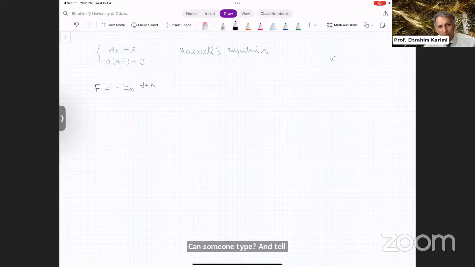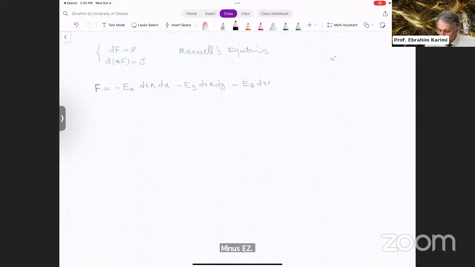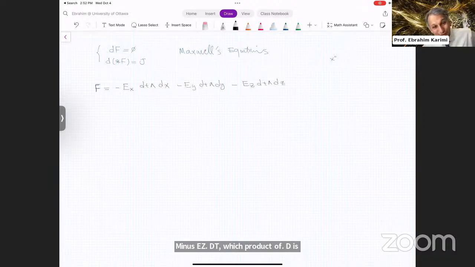We use dt. Okay, so let's go with dt. These are the three electric field components.